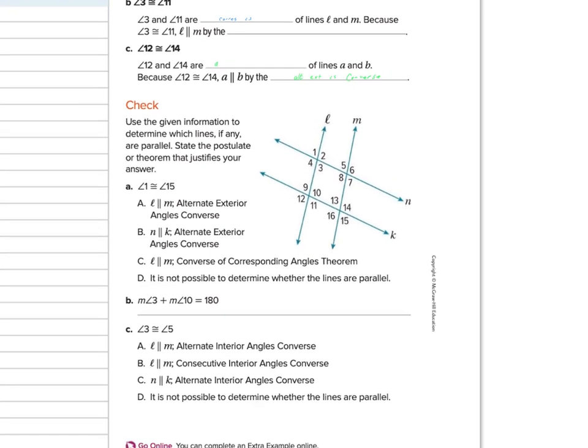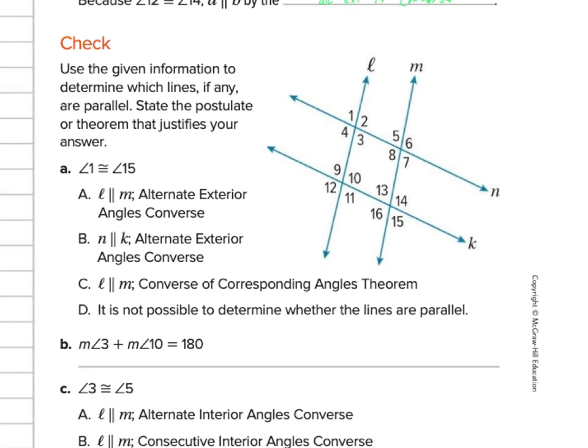Okay, so here, check. Given the information, determine which lines, if any, are parallel. All right, 1 and 15. What do we know about angle 1 and angle 15? Are they on the same transversal? They're not on the same transversal.